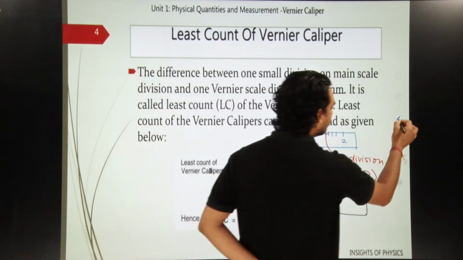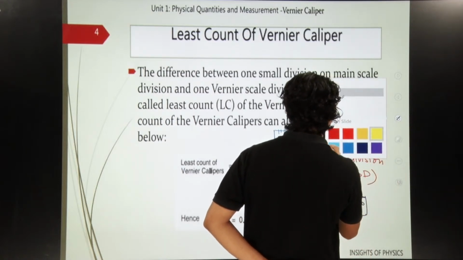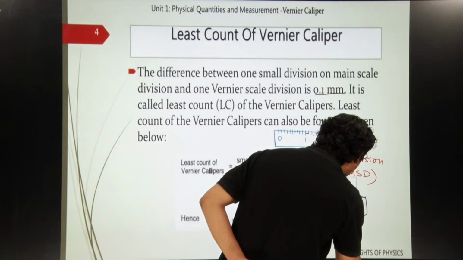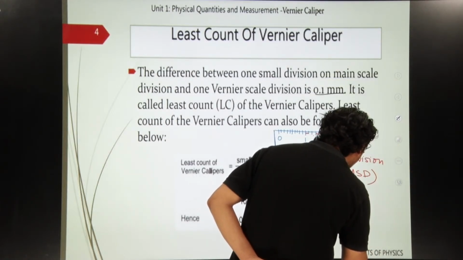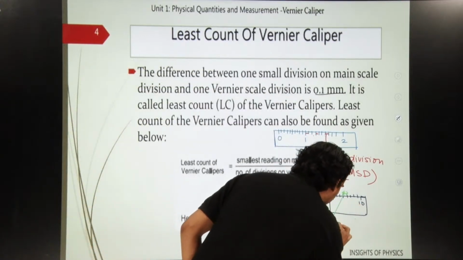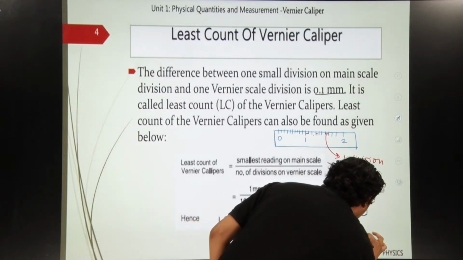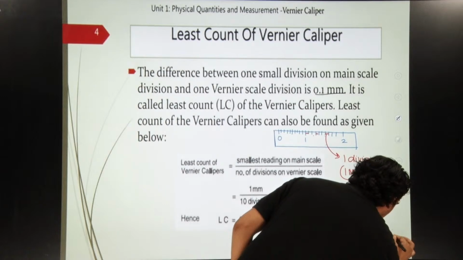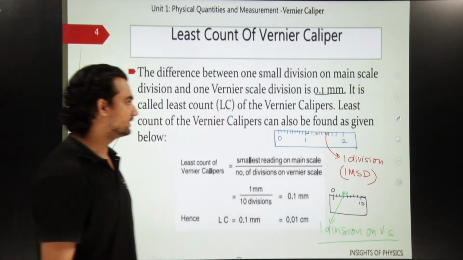The reading of one division on the vernier scale is basically my 1 VSD.